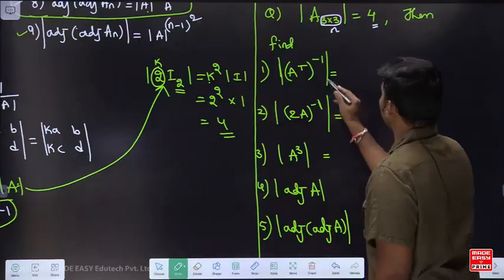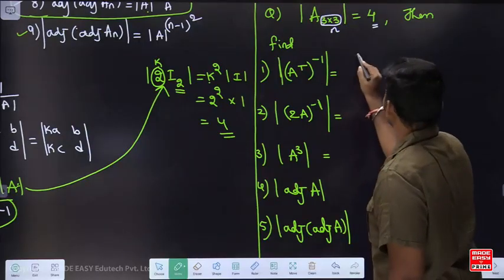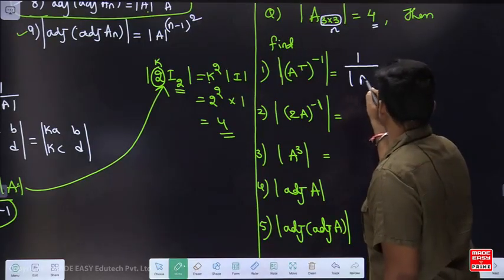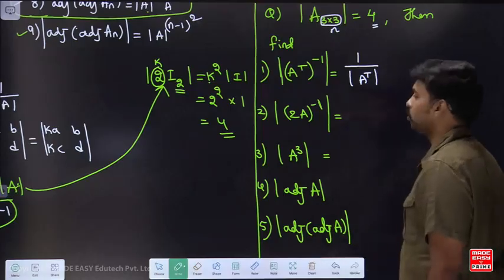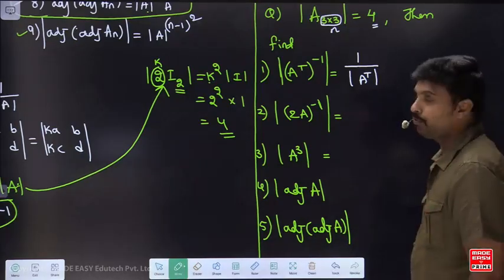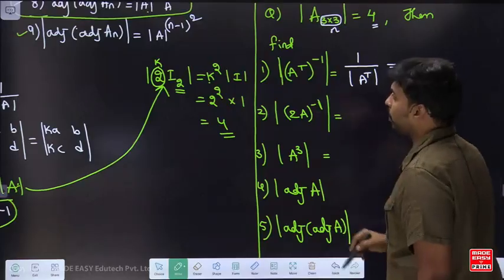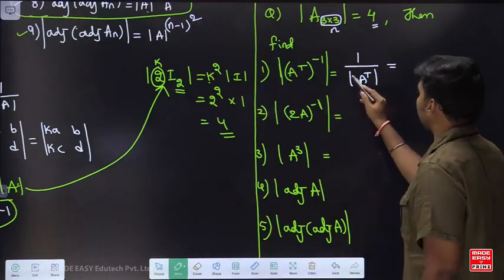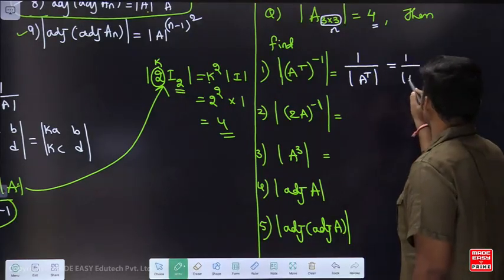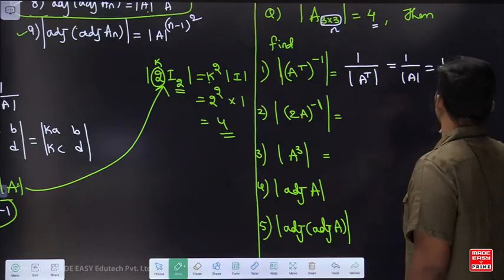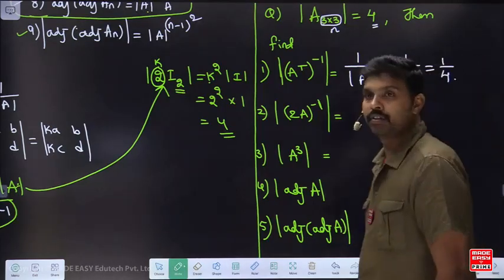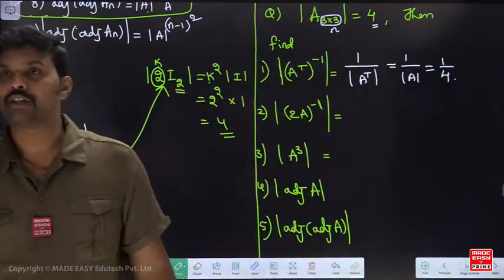So therefore here, reciprocal of the determinant of A transpose, by using property 4. Then by property 1, the determinant of A transpose is equal to the determinant of A. So that is the answer, 1 by 4. Yes, so I hope everyone understood here.